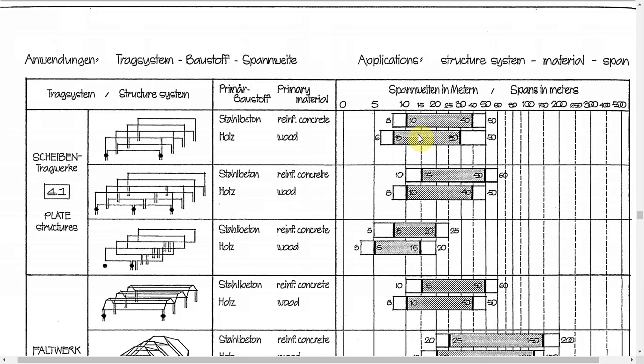And the third one is a cantilever system, right? Now the third column gives us the span in meters which it covers. In the first case, the covered span is up to 50 meters, and in the second case again it is up to 50 meters, and in case of the cantilever, span varies from 3 meters to a maximum of 25 meters if reinforced concrete is used, right?